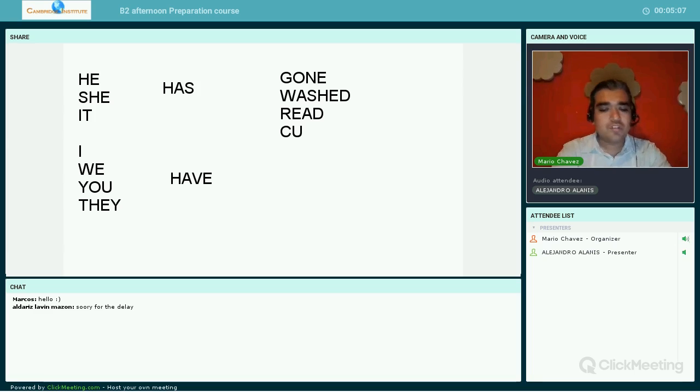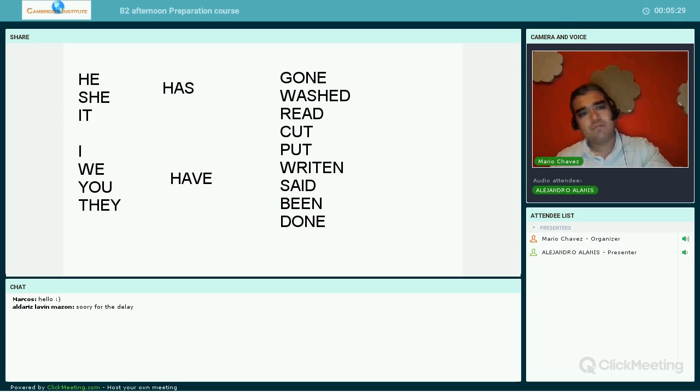There are some verbs which do not change, like cut, cut, cut, or like put, or we have verbs which change completely, like write, wrote, written, grow, grew, grown, right? And so on. Say, said, be, been, right? Do, did, done, and so on, right?